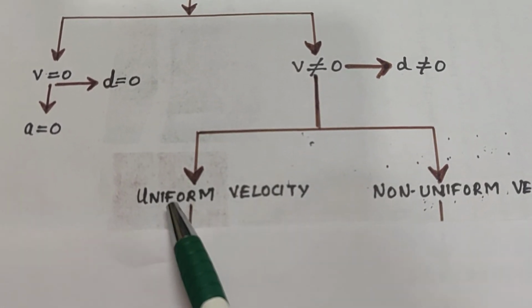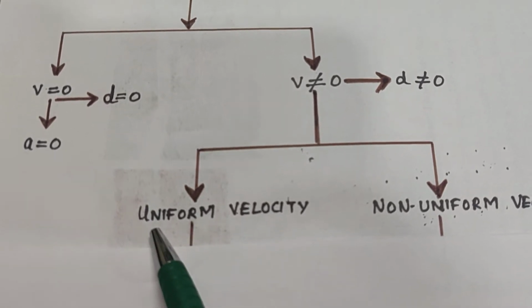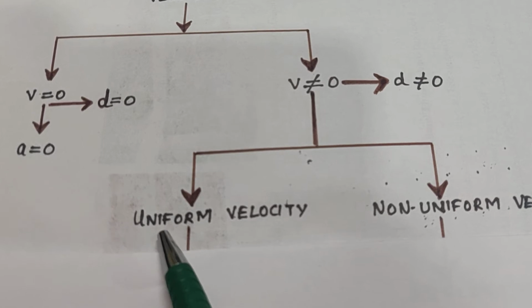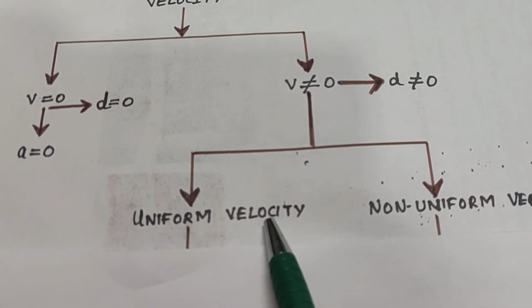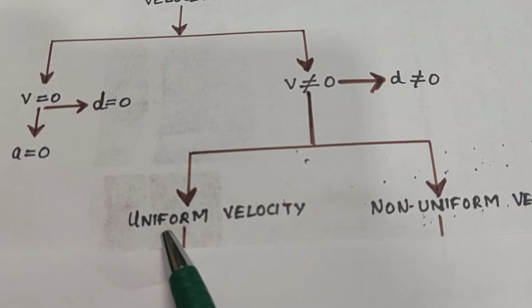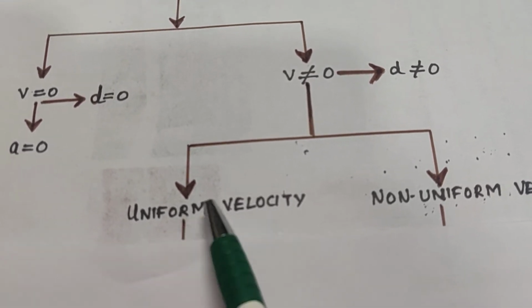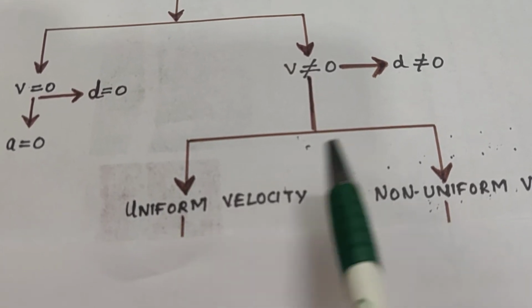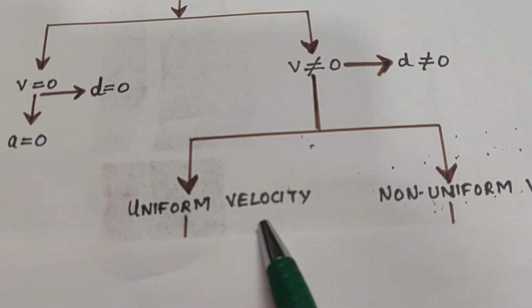The object may be moving with the same velocity. Uniform means same. Maybe that object is maintaining its speed. Let's say it has started its motion with a speed of 2 meters per second. In the next second it is 2 meters per second. In the next second it is again 2 meters per second.